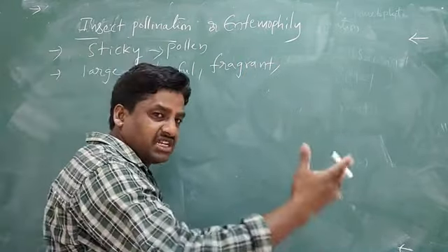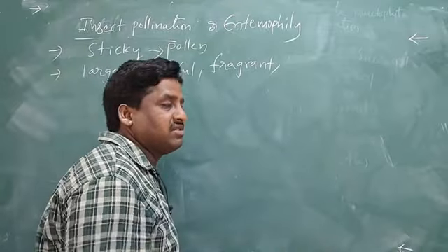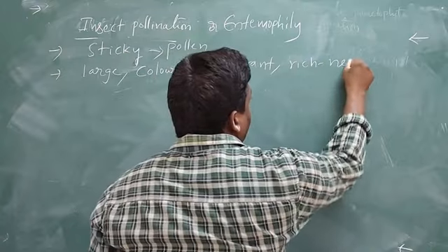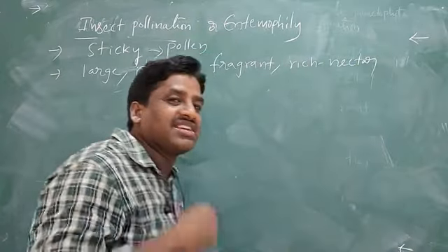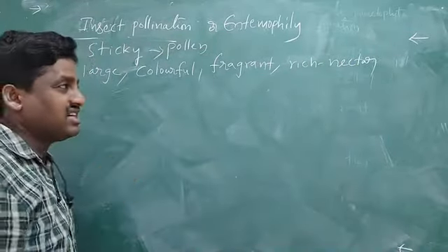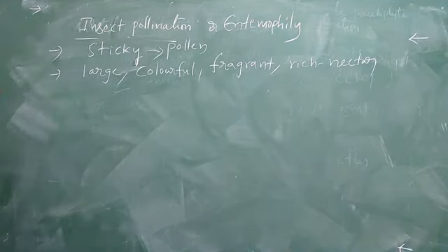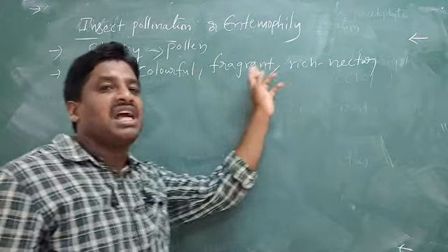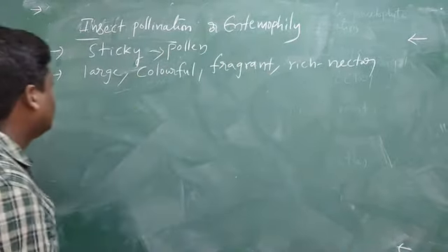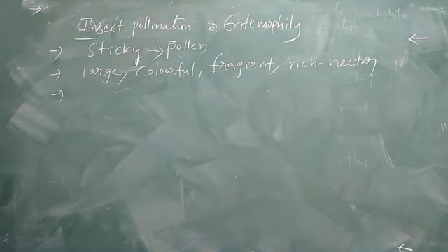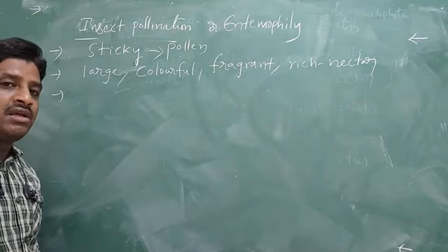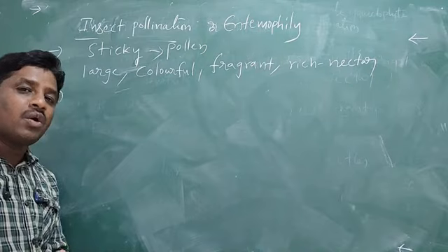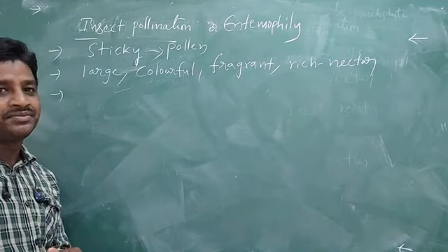That means some specific smell is released, and nectar, a liquid-like substance, is produced in rich amounts. So the insect pollinated flowers are large, colorful, fragrant, rich in nectar. Next, some of the animals are attracted to the flowers by color and also fragrance.